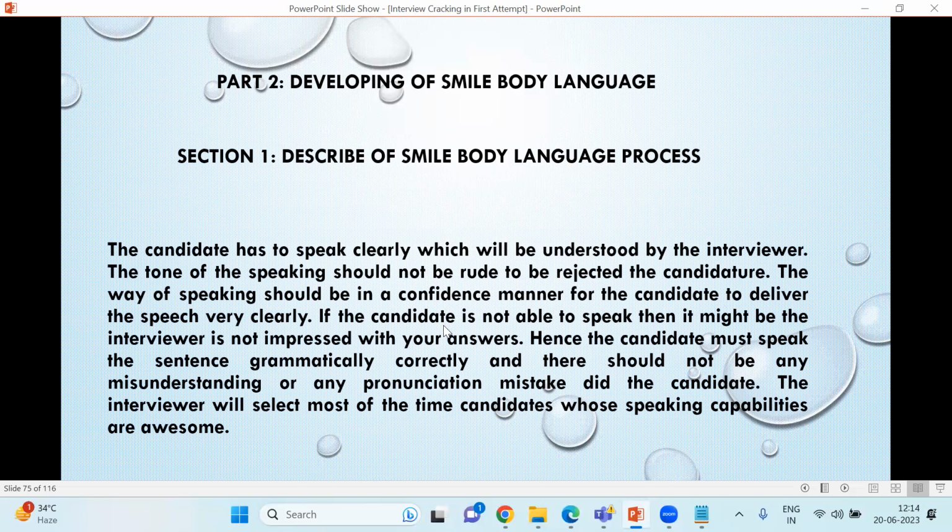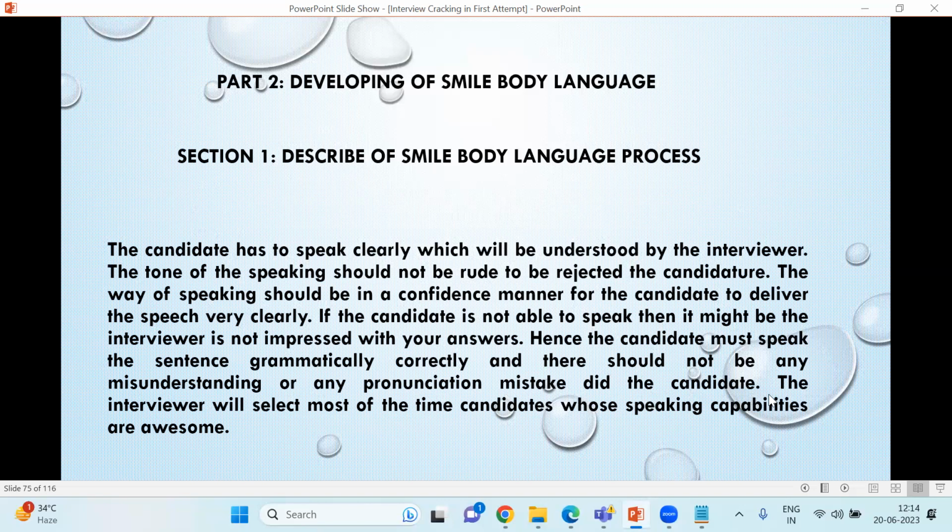If the candidate is not able to speak, then it might be that the interviewer is not impressed with your answer. Hence, the candidate must speak the sentences grammatically correctly, and there should not be any misunderstanding or any pronunciation mistake.